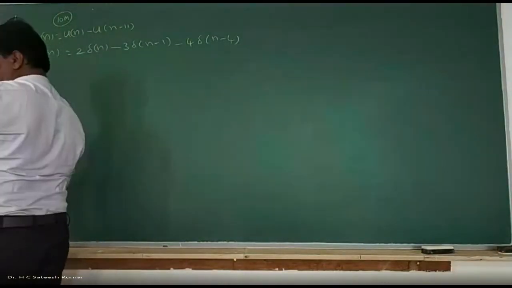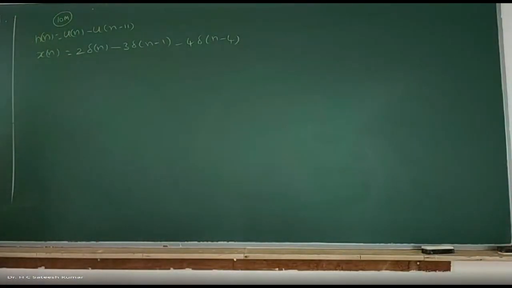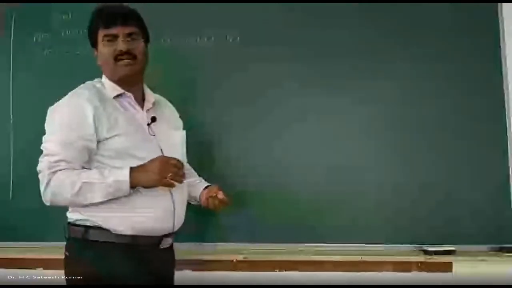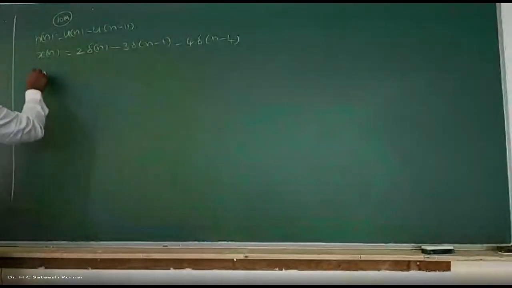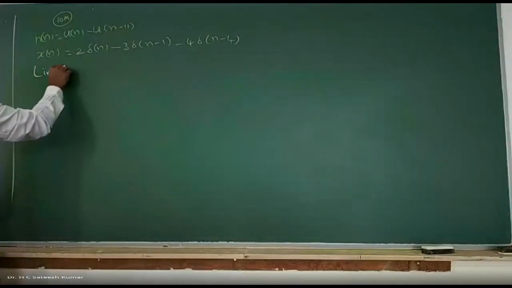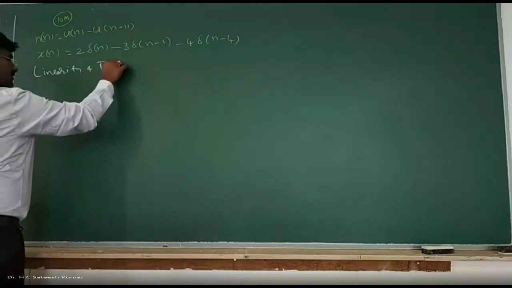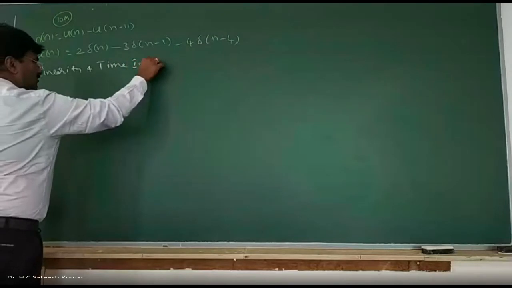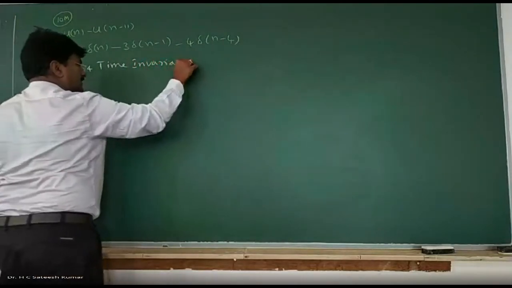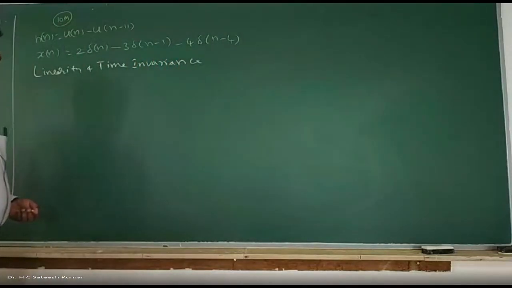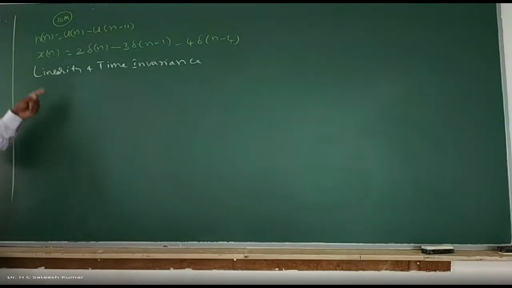Look here. So this is an indirect question. He said to use the linearity and time invariance property. That means it is an LTI system, linear as well as time invariant.